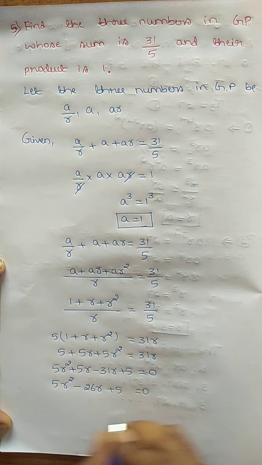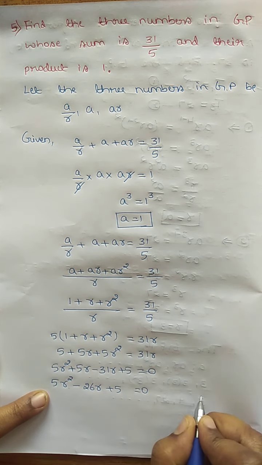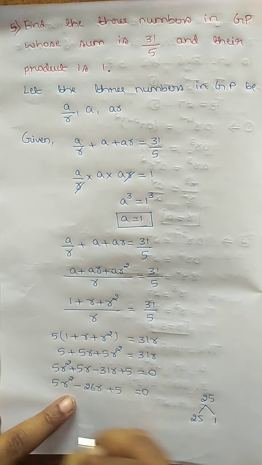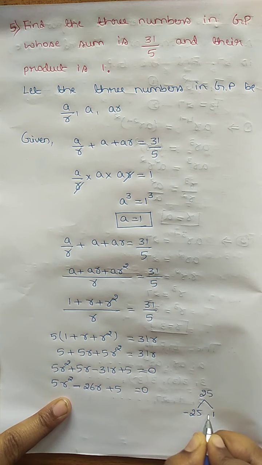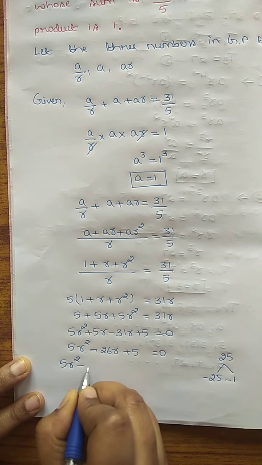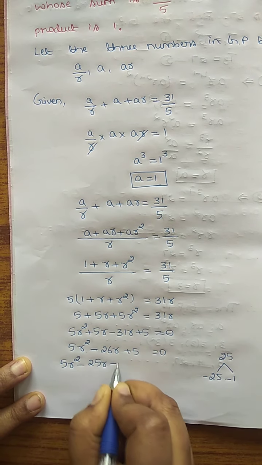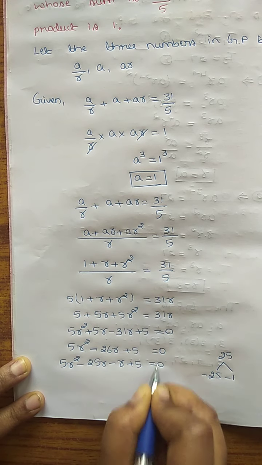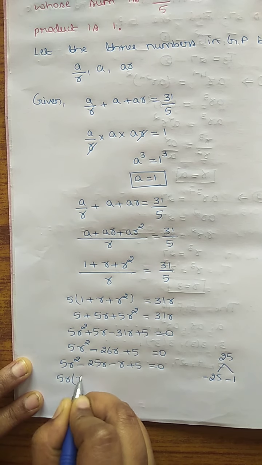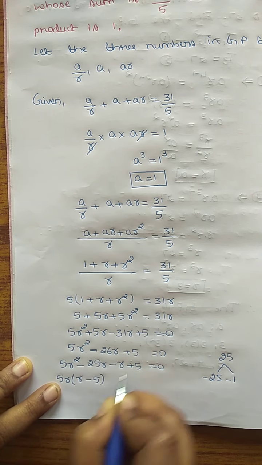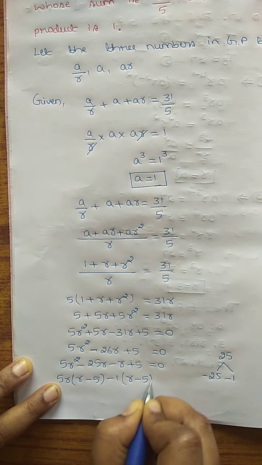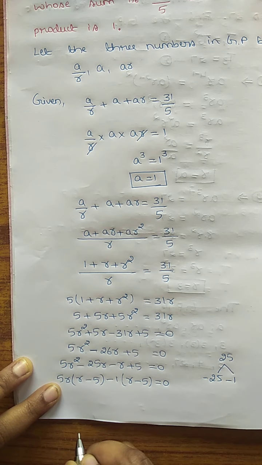See here, 5 into 5 is 25. Here the minus symbol is there, therefore 5R square minus 25R minus R plus 5 equals 0. 5R is common in the first two terms: R minus 5. In these two terms, minus 1 is common: R minus 5 equals 0.